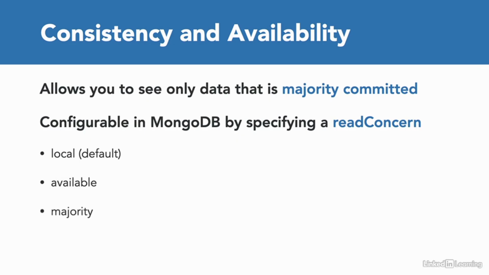Then there's majority, which you've already met, and linearizable, which returns majority committed data only but waits for any concurrent writes to complete before reading and returning the data. Be aware that the linearizable read concern is slower than other read concerns.